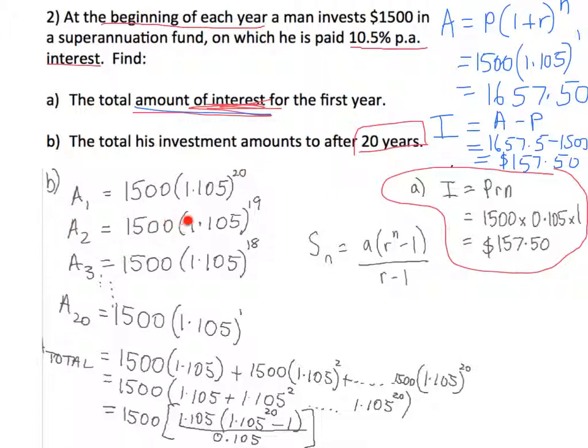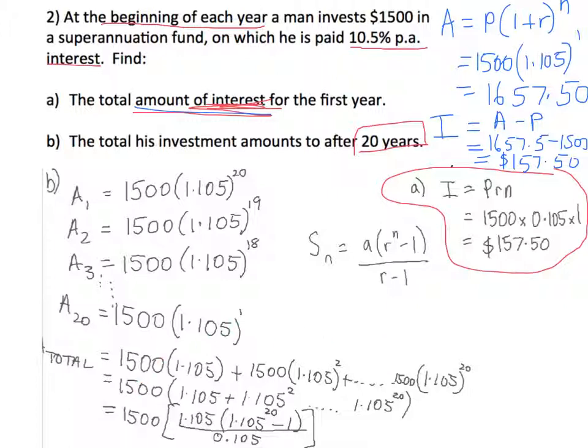The second $1,500 will be there for 19 years, and so on, all the way down to the last $1,500, which is put in at the beginning of the 20th year and earns interest for 1 year. So the total his investment amounts to is the sum of A1, A2, A3, all the way up to A20, which I've written out along there.